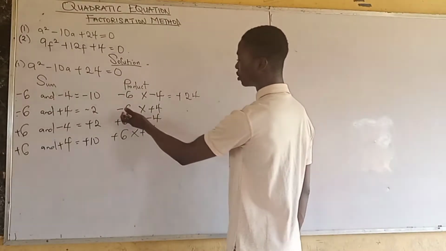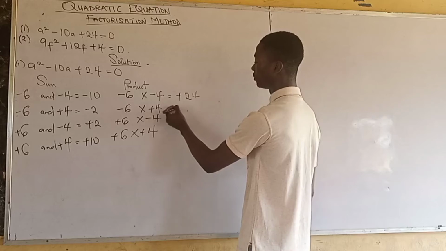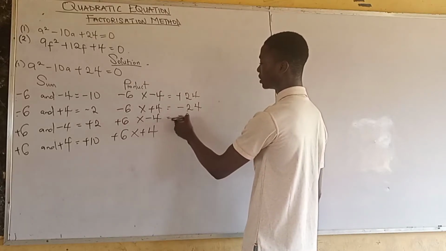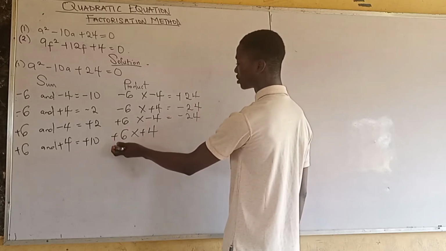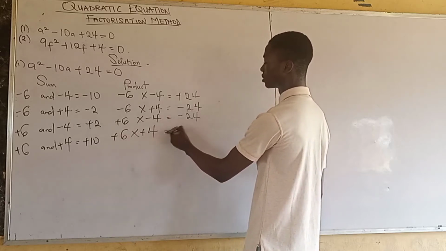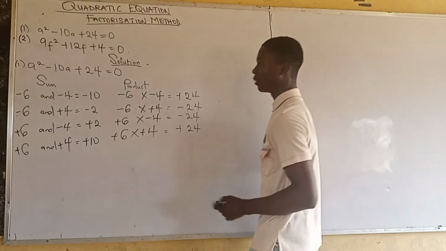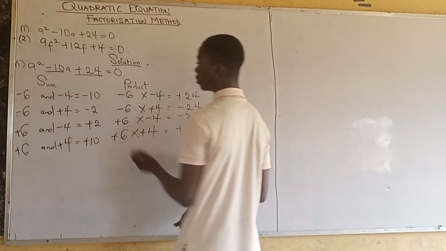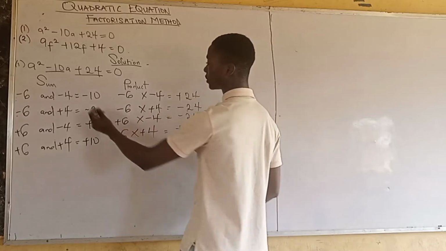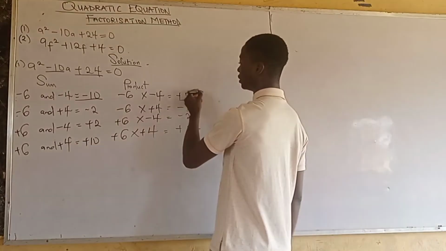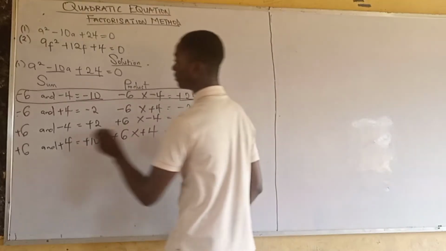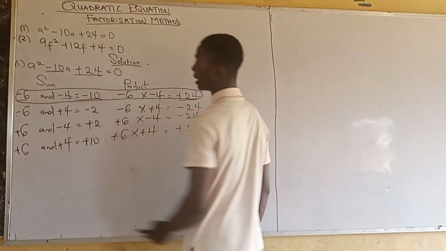Minus 6 times plus 4 will give us minus 24. Plus 6 times minus 4 will give us minus 24. And plus 6 times plus 4 will give us plus 24. Now we are focusing on minus 10 and plus 24. Which one gives minus 10 and plus 24? This is it. So the values we are using are minus 6 and minus 4.